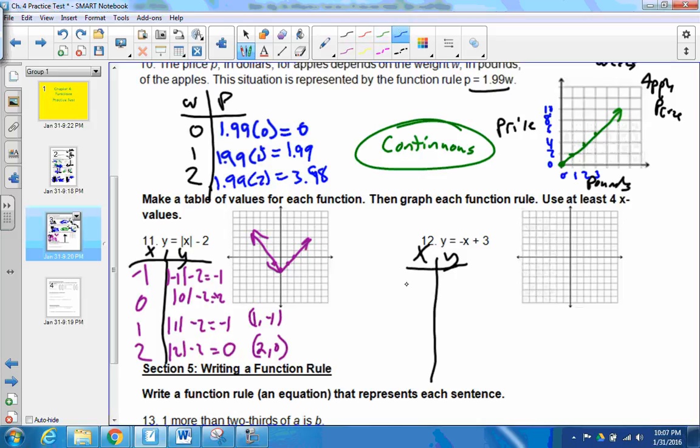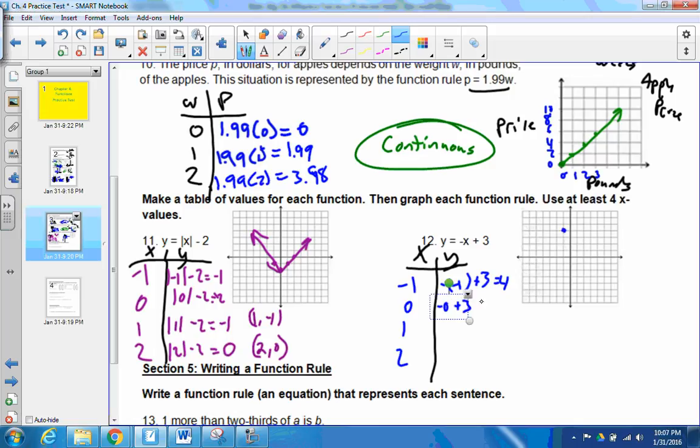All right. We'll do -1, -2. So again, -1. That's the opposite of -1. So it's going to be +1 plus 3 would be 4. So we have the ordered pair -1, 4 on that one. Let's do 0 plus 3.